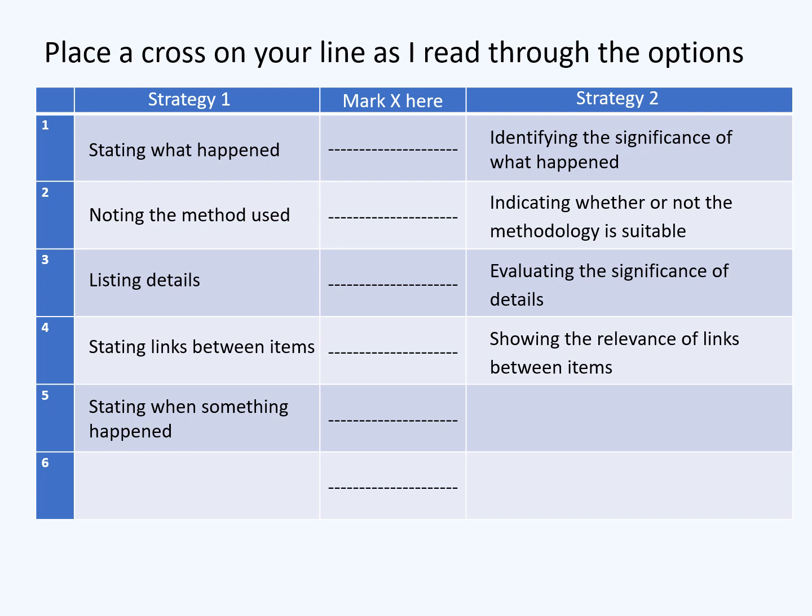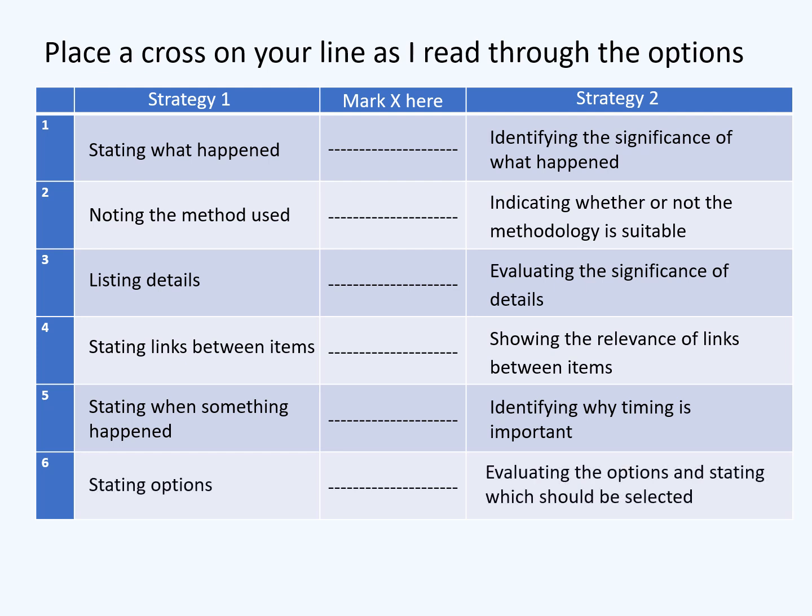Number 5, strategy 1 would be stating when something happened, and strategy 2 would be identifying why timing is important. Again, add your cross. And finally, number 6 is stating options available or evaluating the options and stating which should be selected. Put your cross on the line that best represents your strategy.